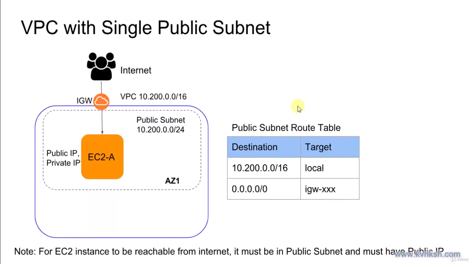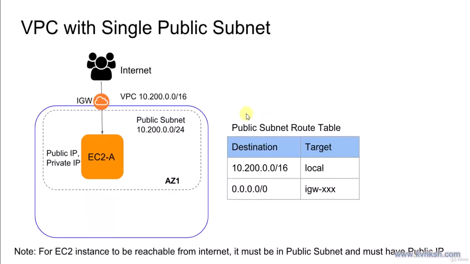But in this particular exercise, what we want to do is create our own VPC, and then have one public subnet inside the VPC, and then we'll launch one EC2 instance which would have a public IP, and we will connect to this EC2 instance from our workstation.